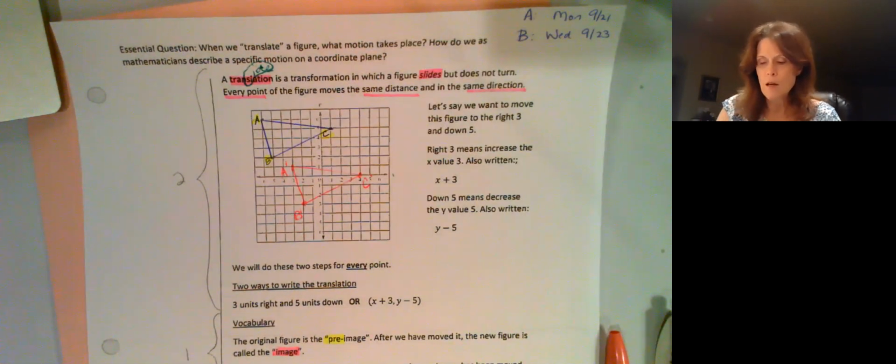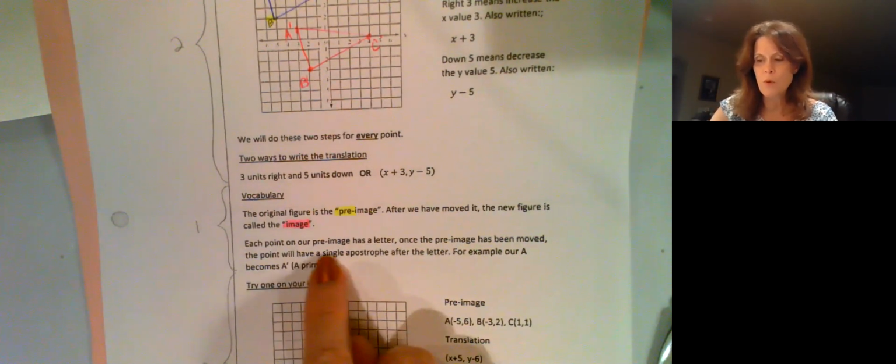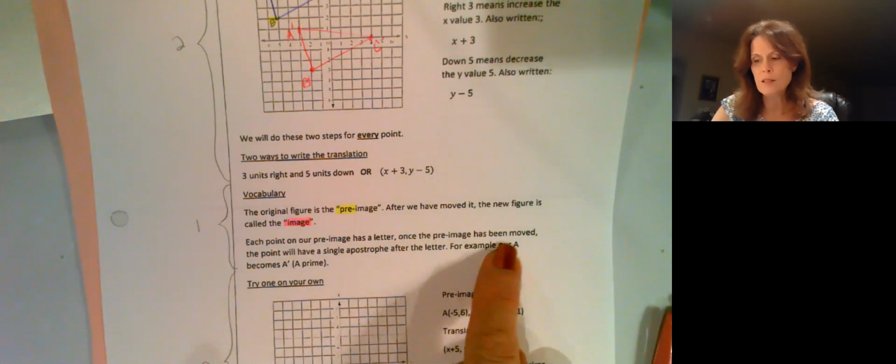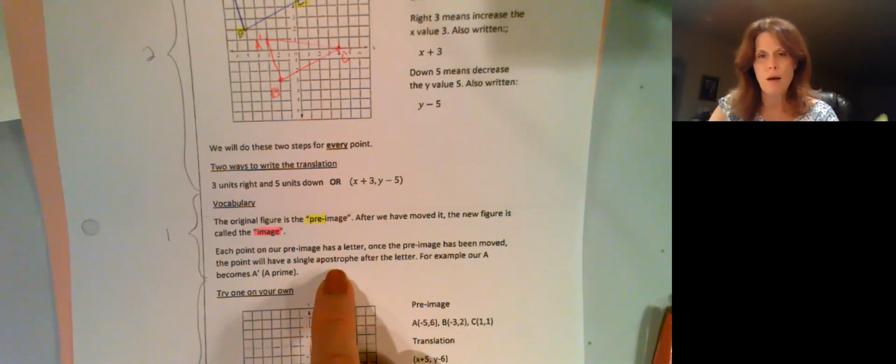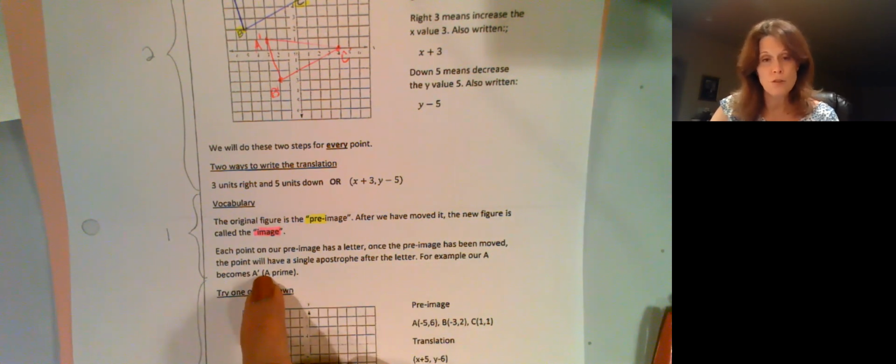The pre-image would just be marked with our coordinates A, B, and C. But when we translate it, every point on the pre-image, once it's been moved, will have an apostrophe after the letter. We call that prime.